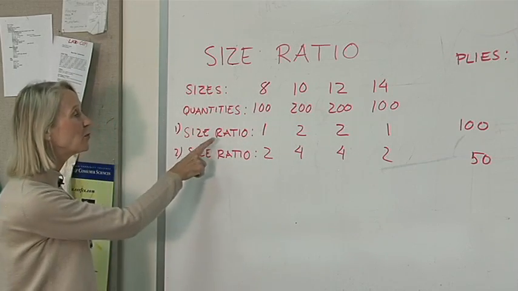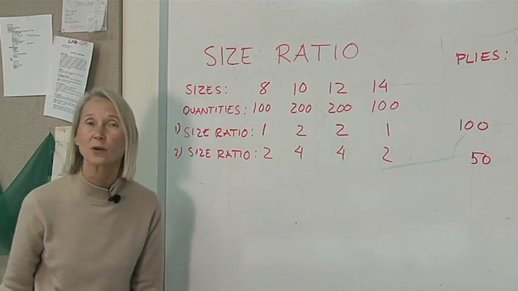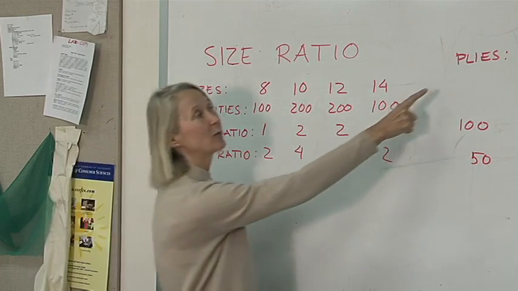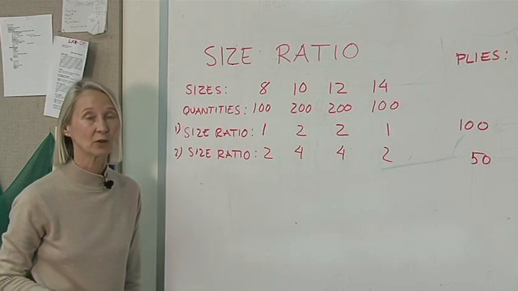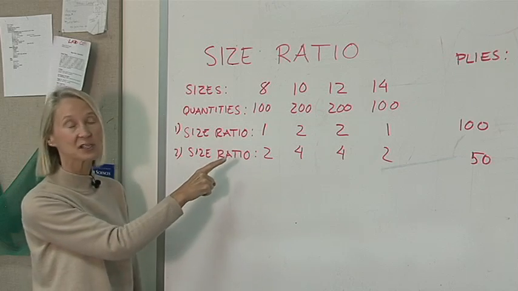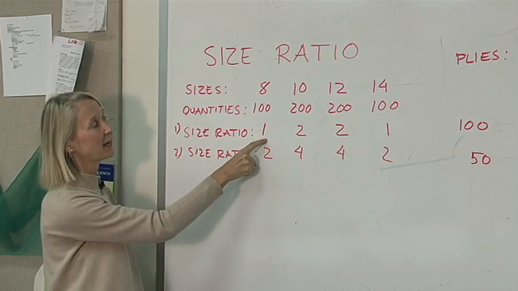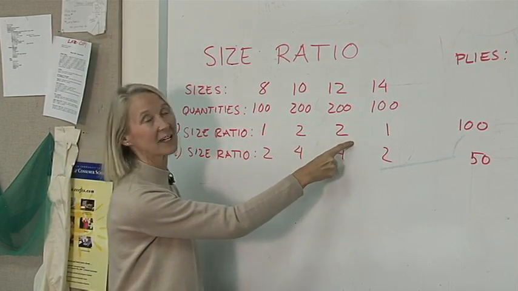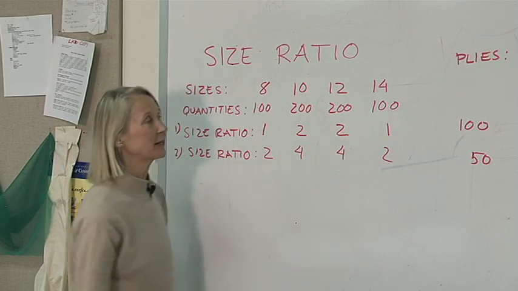You cannot mark all 600 pieces on a marker, so you need a size ratio. That means how many of each size is going to be marked on the marker paper, and how many fabric layers, plies, you need to include. This is one suggested size ratio: size 8 is marked 1, size 10, 2, size 12, 2, and size 14 is 1.